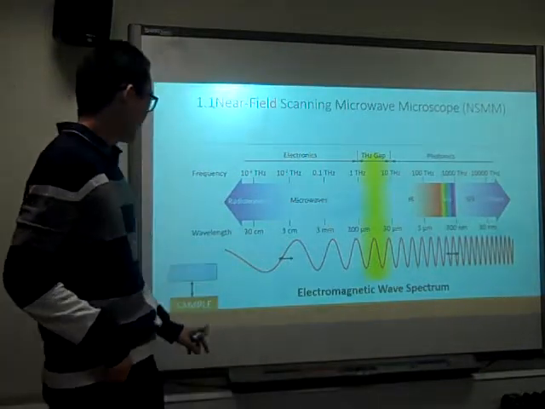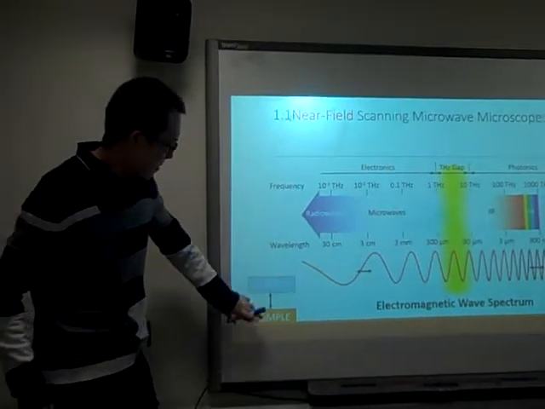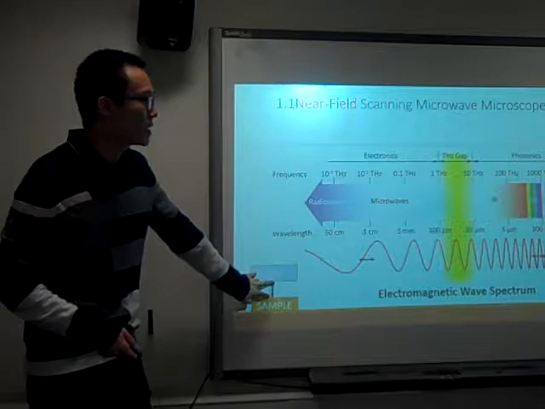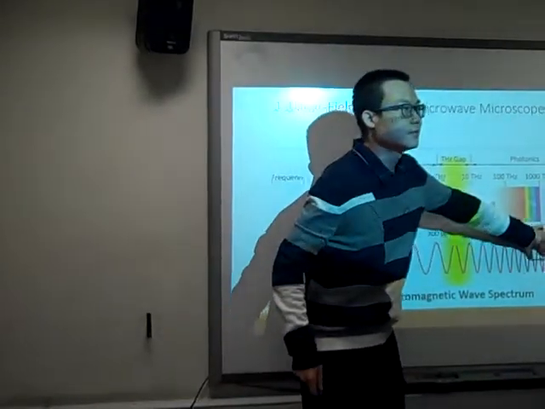Okay, so can you see the distance between the microscope and the sample? Maybe we can call this distance d. Well, this is d and this is d also.